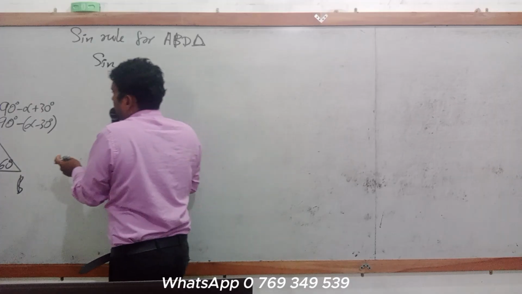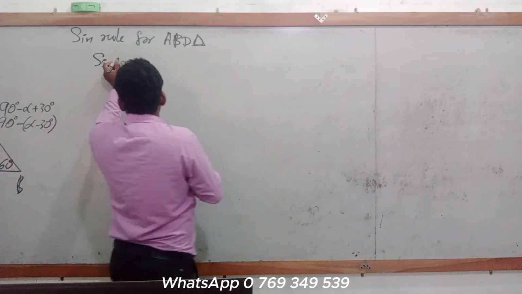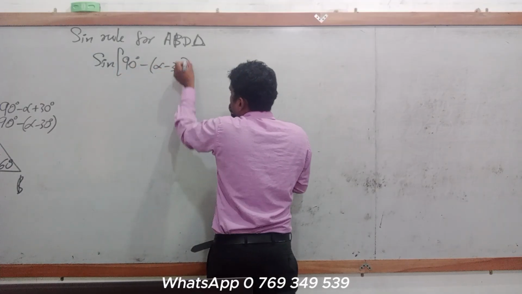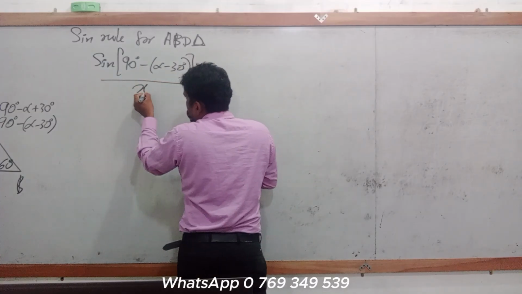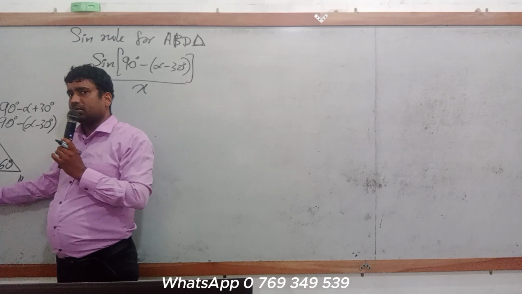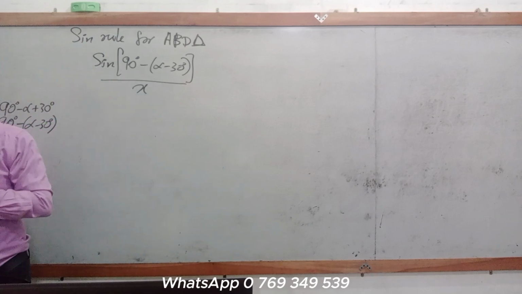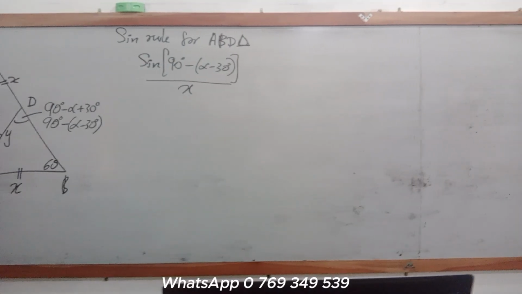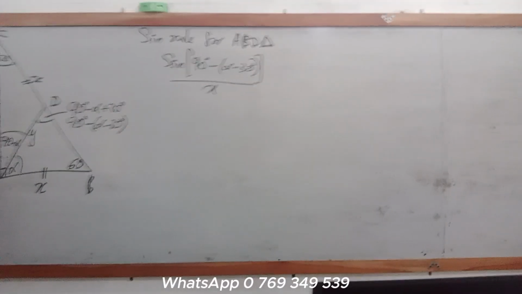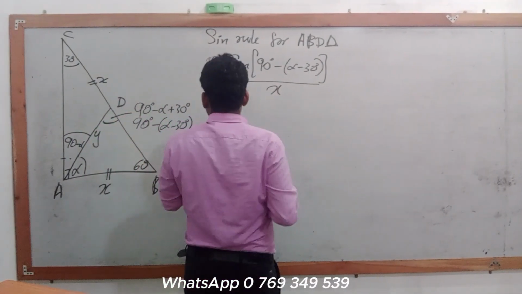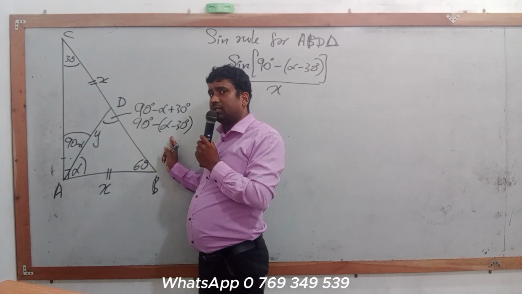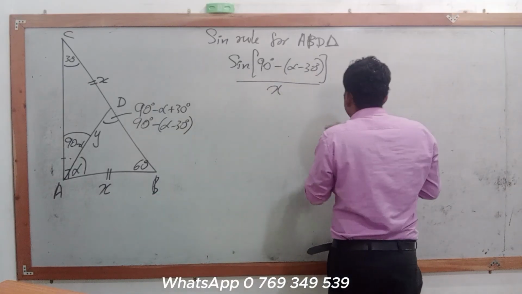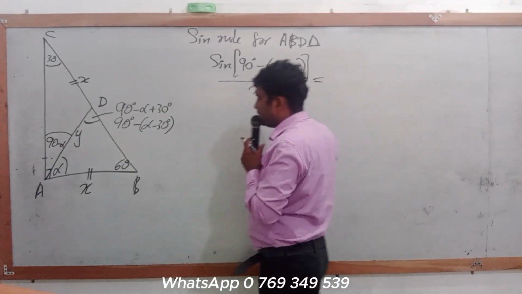Sine, I'm taking this one, 90 minus alpha minus 30, divided by x, equals another one.